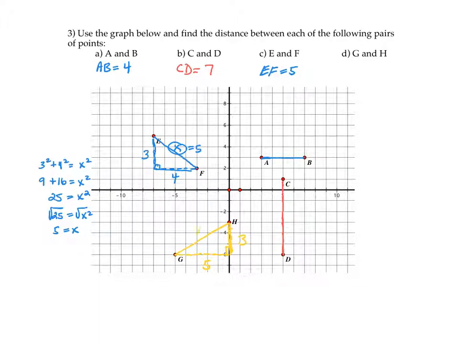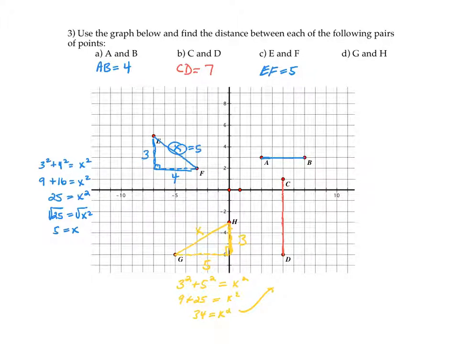Okay, again, label your hypotenuse with an x, and then we'll use the Pythagorean theorem. So do 3 squared plus 5 squared, and set it equal to x squared. 3 squared is 9, 5 squared is 25, and 9 and 25 add to 34.